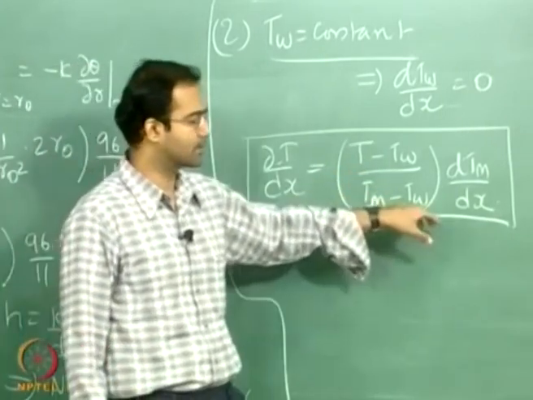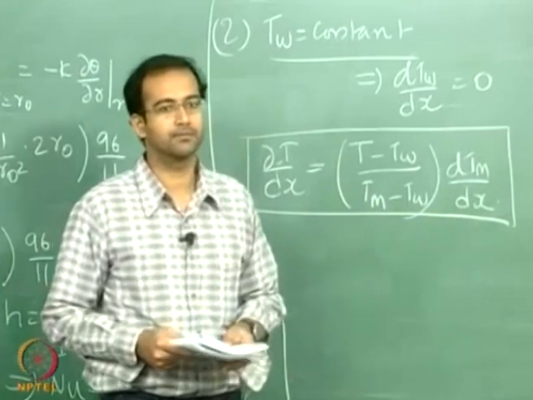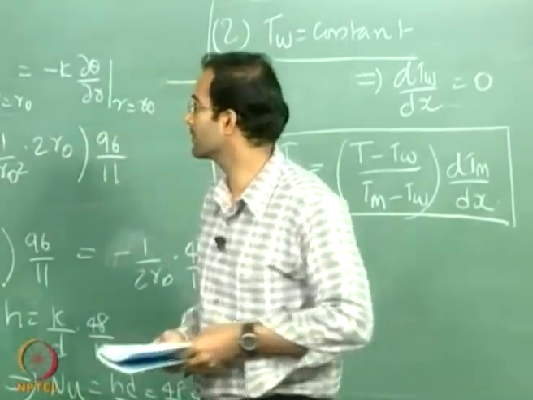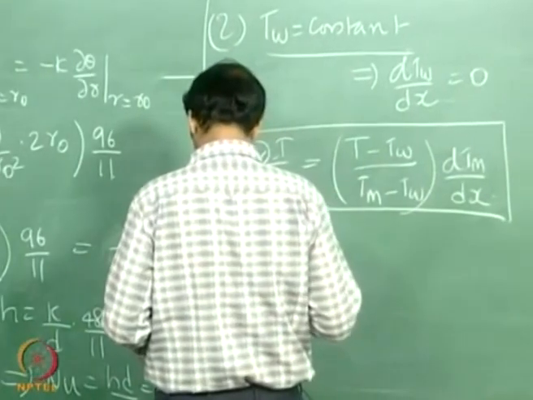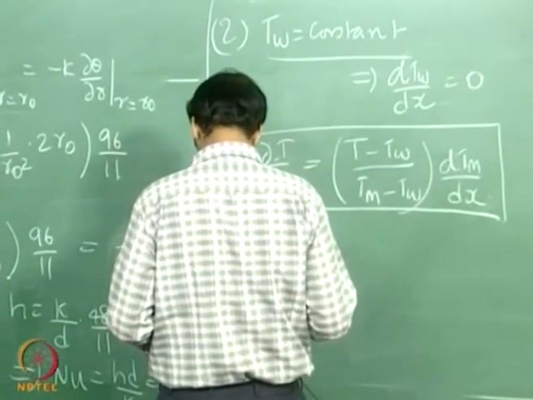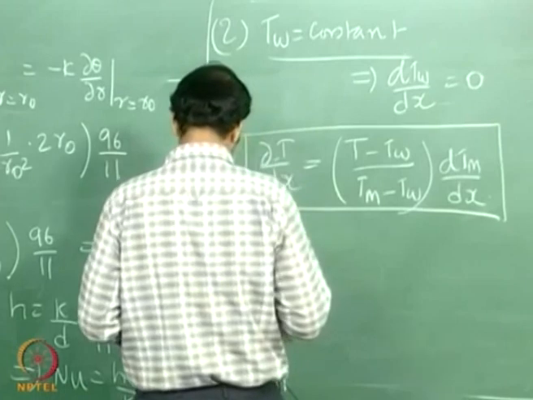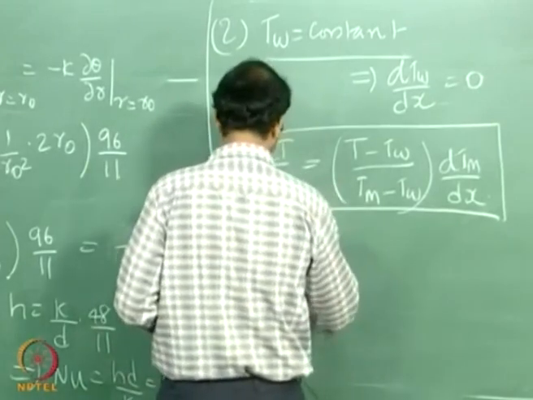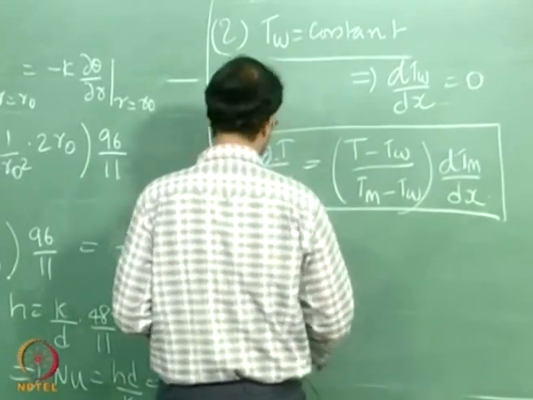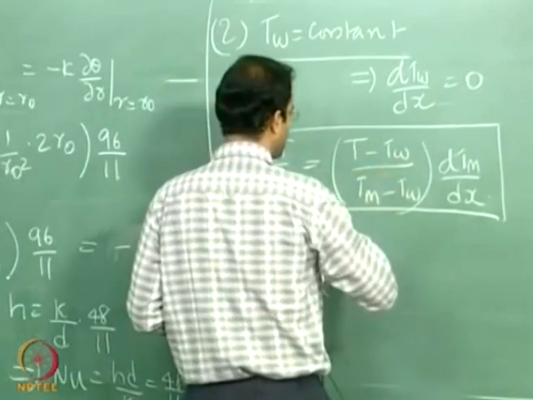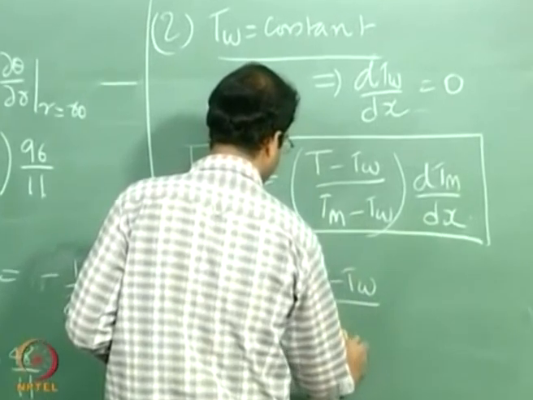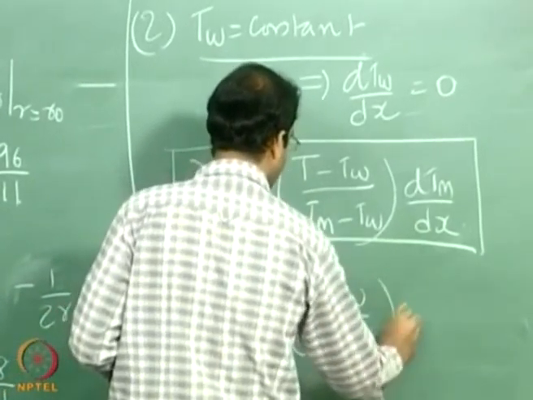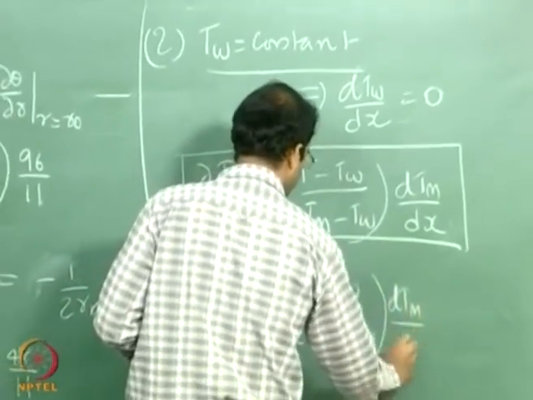So now if you substitute this into the energy equation, what happens? In your energy equation, on the left hand side you have dT by dx. So if you substitute in place of that, you have now u by alpha into dT by dx. I am going to substitute this particular expression here, T minus T wall by Tm minus T wall into dTm by dx.